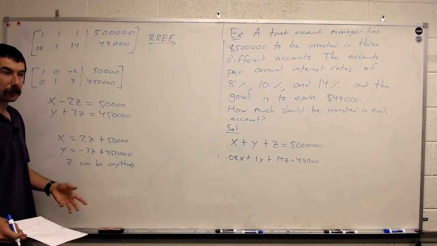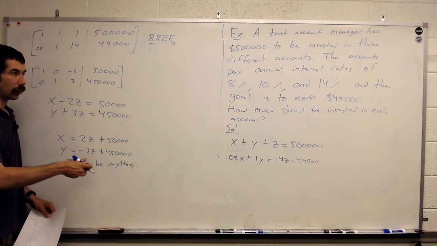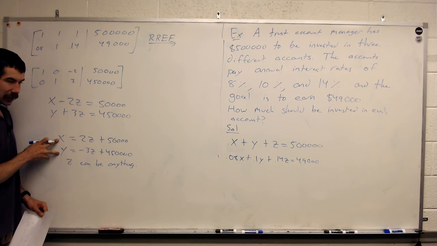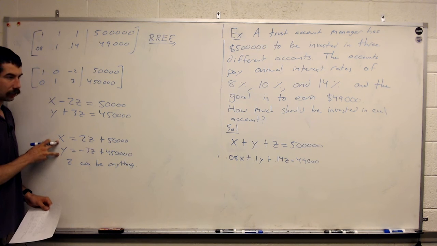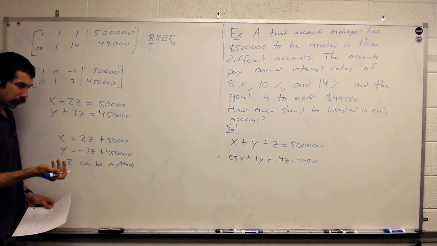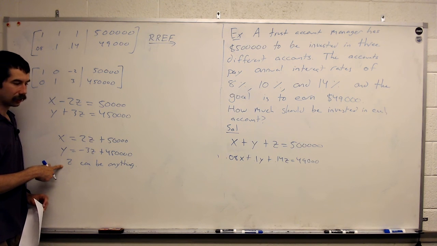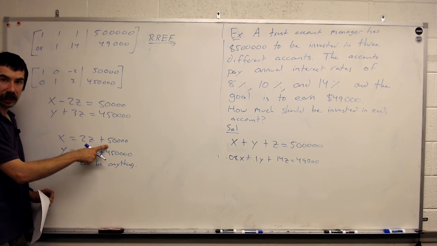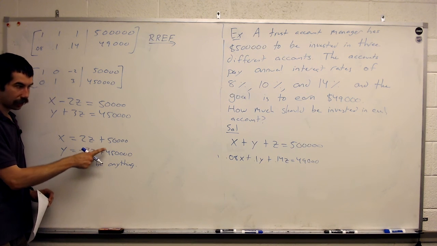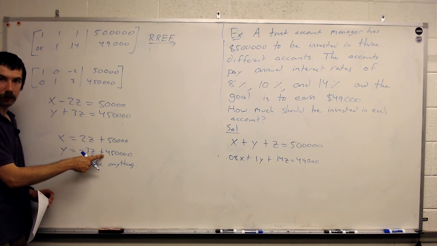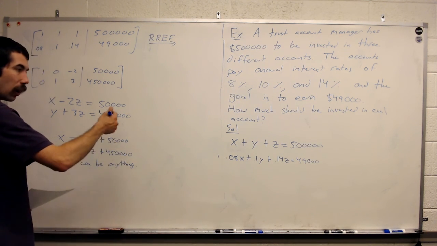Okay, there are probably some constraints, right? We want these values to be positive or non-negative at least. But what we could do is just say, all right, we're not going to put any in z. That means we're going to put $50,000 in x and then the remaining $450,000 in y. Okay, so one example solution.